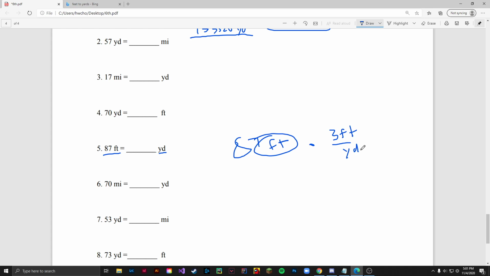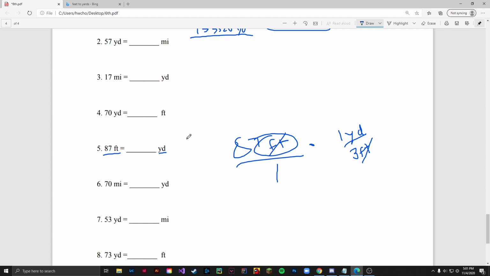You have to cancel from top and bottom. So instead of having it like this, we'll just flip it over, because 3 feet over 1 yard is 1. Now the feet cancel out, and you're left with 87 divided by 3.